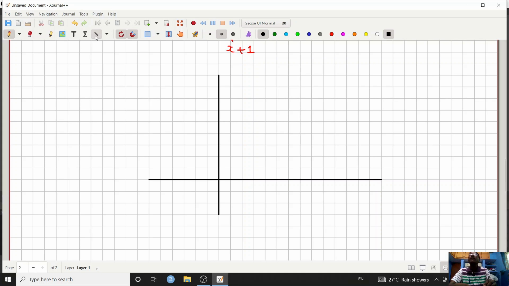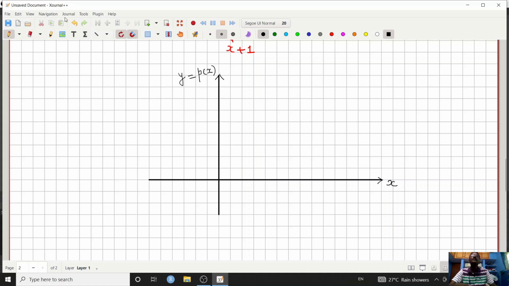Having drawn two straight lines, let us call this the x axis, and this axis, either you can call it the y axis or the p of x axis. They are one and the same.